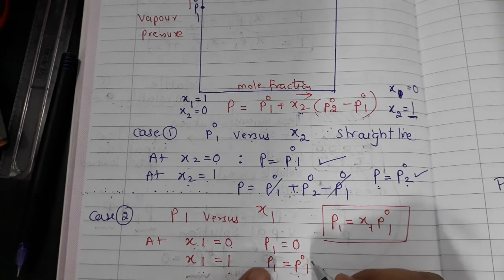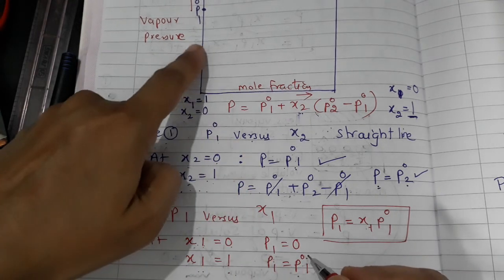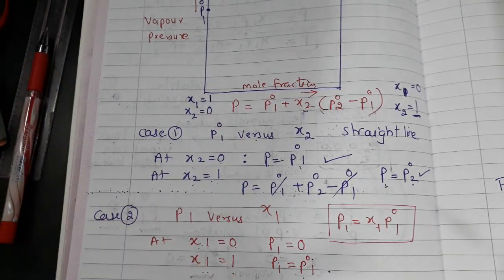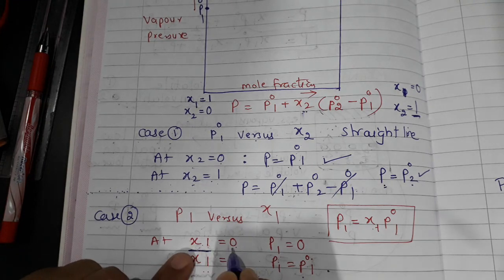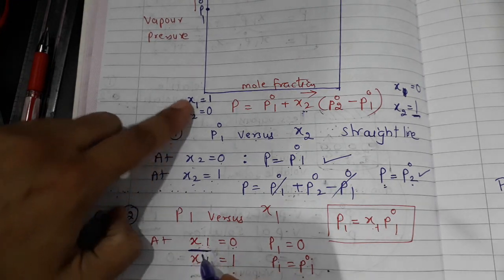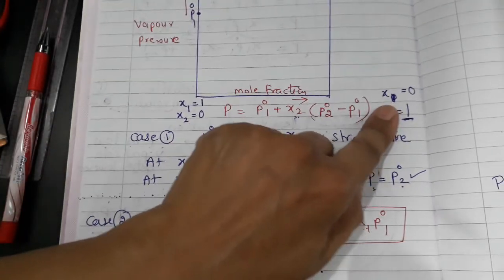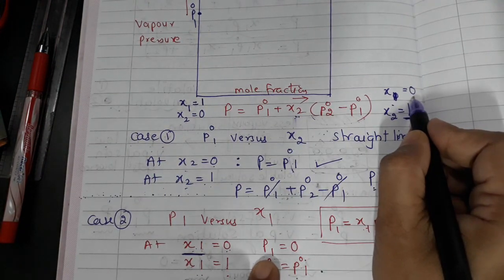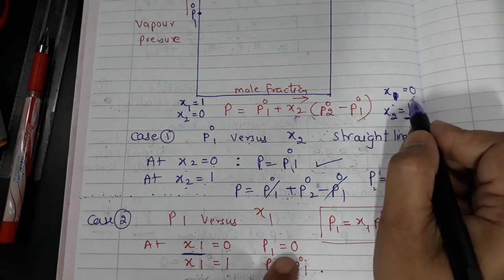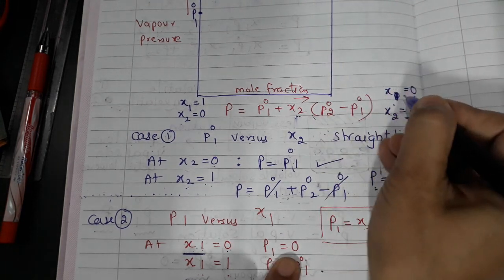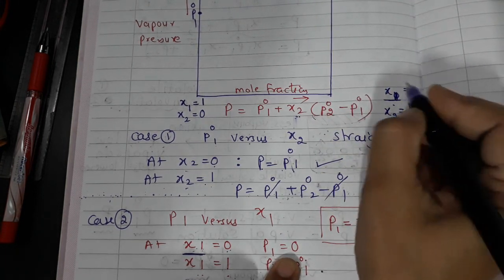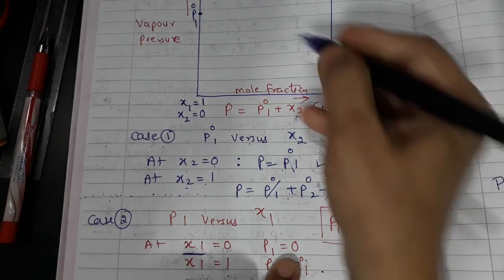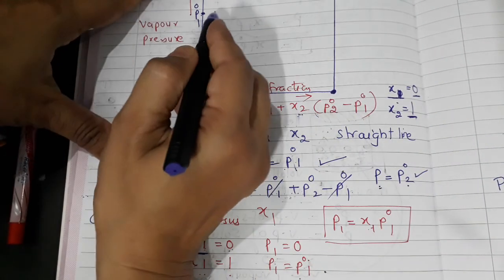Now let us try to draw this into the graph. Where is x1? See, x1 is 0. At that time, the partial pressure becomes 0.